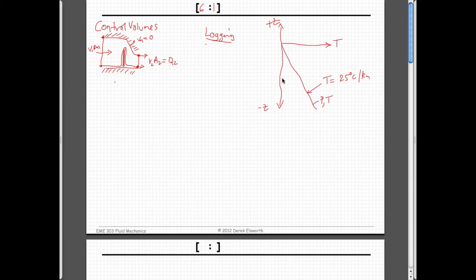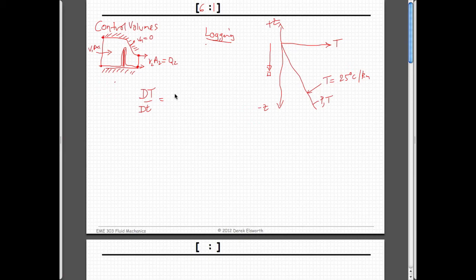And so what we'd like to do is attach ourselves to this measuring sonde going down here, and figure out what the change in temperature, dT, with time is. This is the substantial derivative. We've used this before, although we've not really said it.